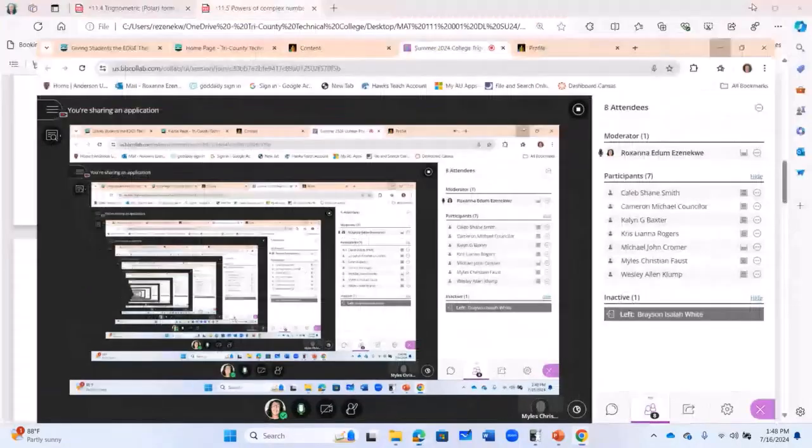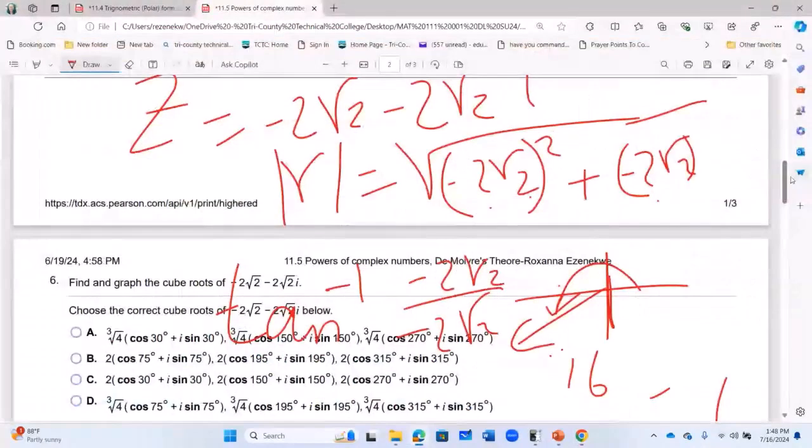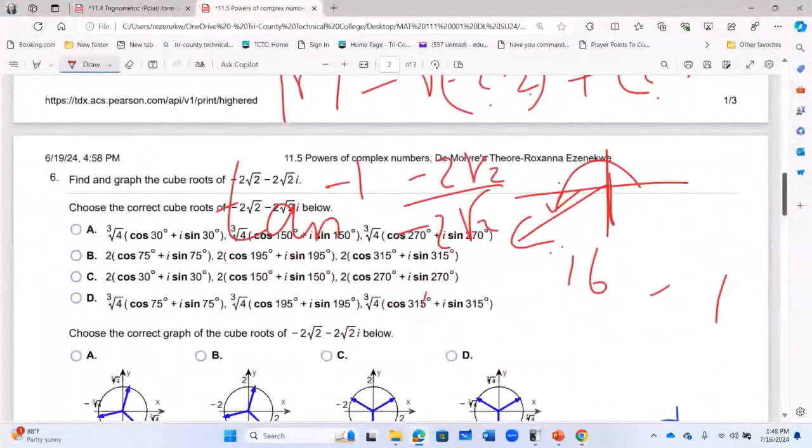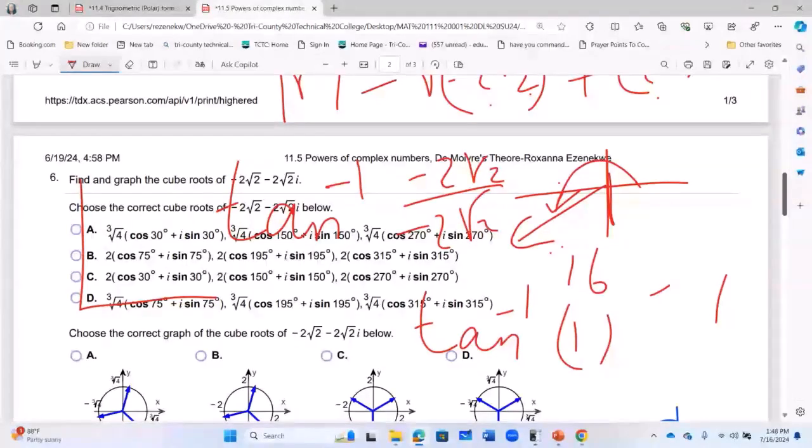All right, so now the arctangent is, what is the angle whose tangent is 1? That is 45 degrees. I hope you agree. Remember the 45, 45, 90 triangle.